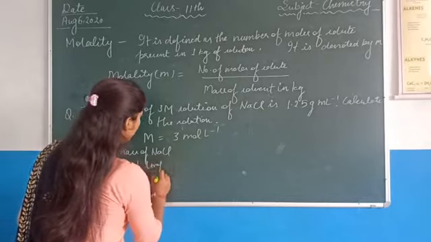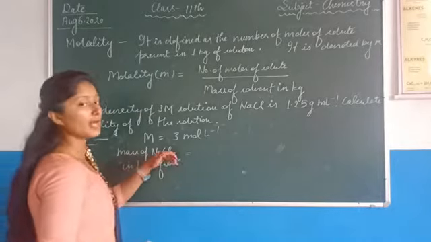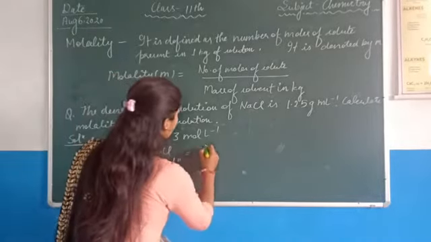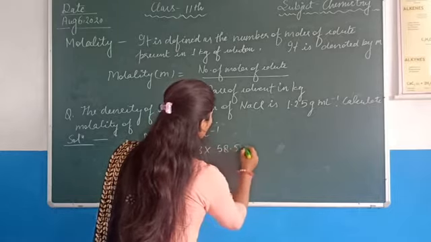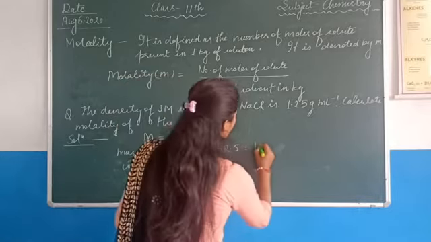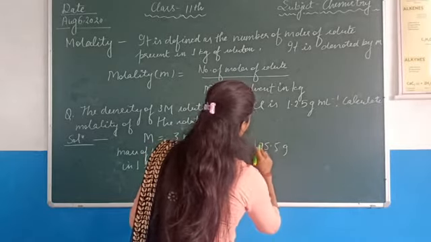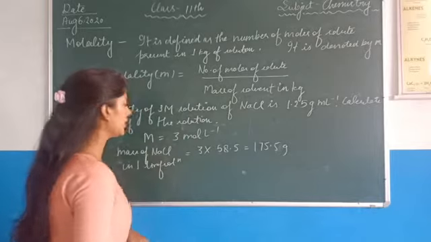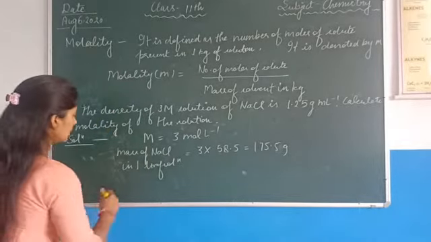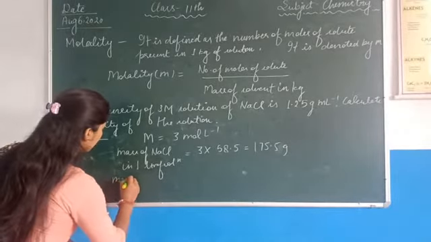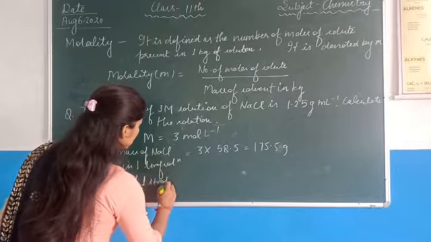Here we have given 3 molarity solution. So 3 into molar mass of NaCl, which is 58.5, and from this we get 175.5 gram of NaCl in this given solution. And now we have to calculate mass of 1 liter of solution.